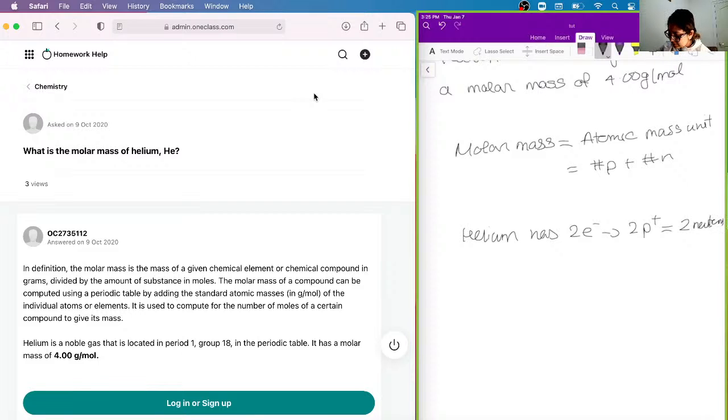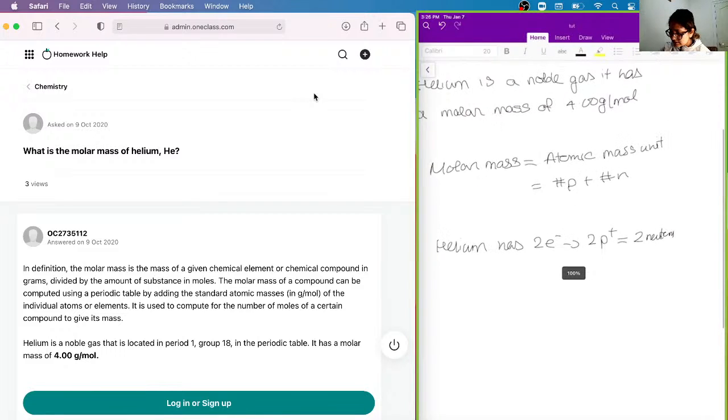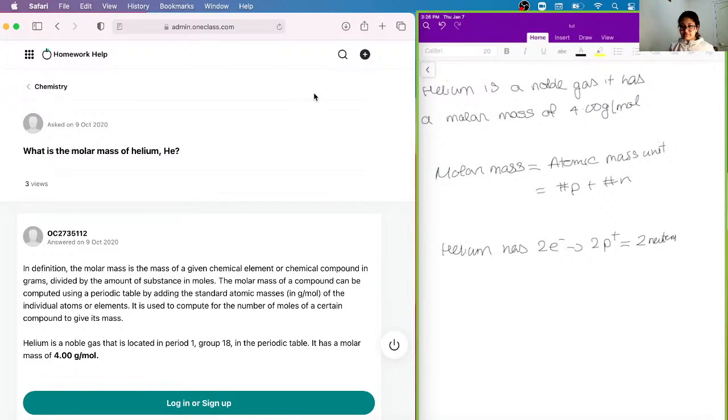This is how you get your atomic mass and your molar mass, basically. But your atomic mass unit is in AMU, molar mass is in grams per mole. That's how you can find the atomic mass and the molar mass, but this is also given in the periodic table.